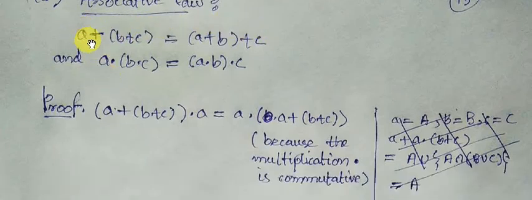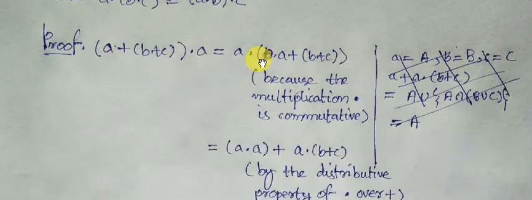Here we have multiplied the left side element, that means a plus (b plus c), by a. We also know that multiplication is commutative, so the left hand side is equal to a into (a plus (b plus c)).